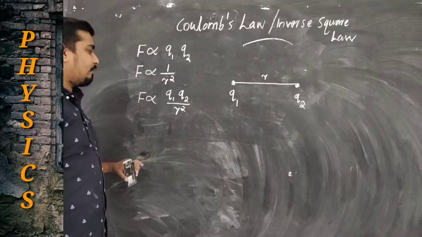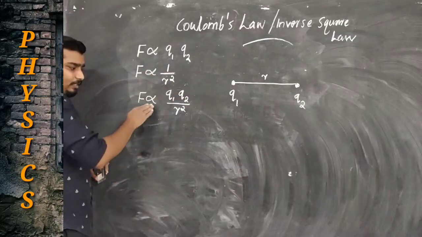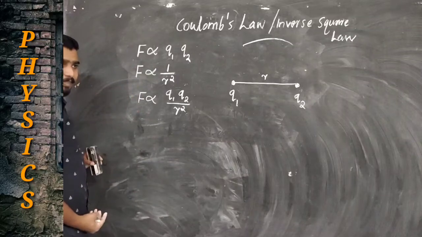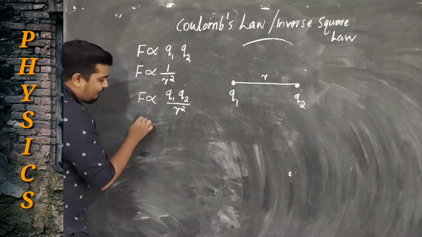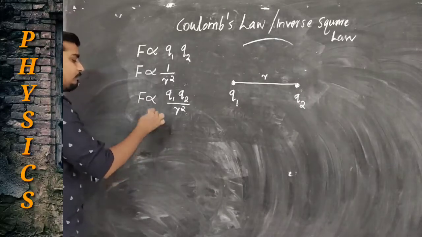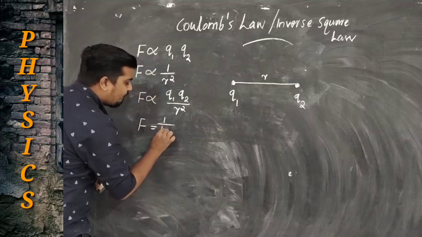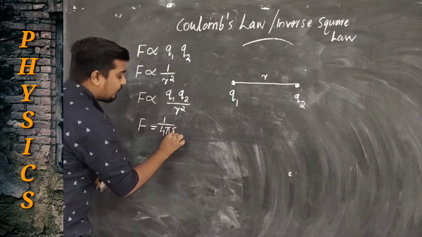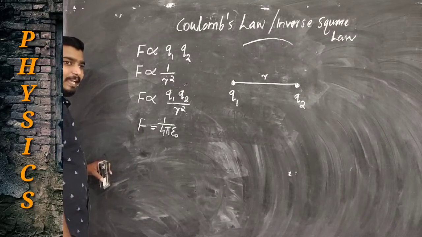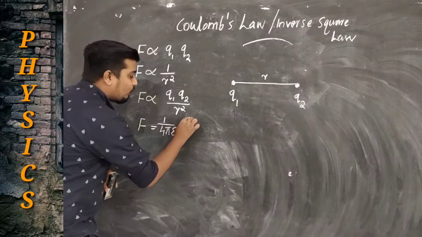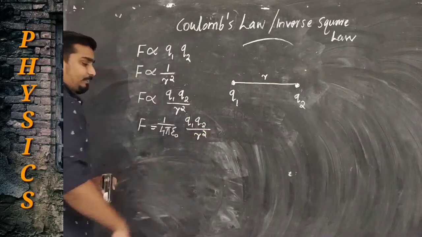Now I am changing this into an equation. We get F equal to 1 by 4 pi epsilon 0 times Q1 Q2 by R square.